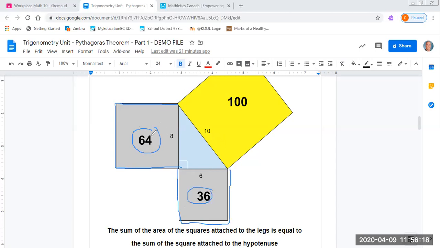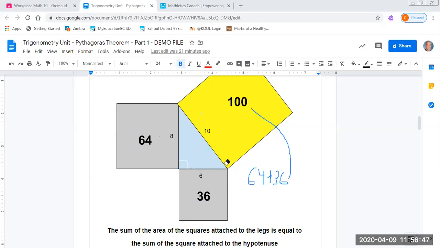Then these two numbers, 64 plus 36, is what is going to add up to the other square. This here is going to add up to this 100 here. And this 100 is the square of the longer side, the hypotenuse. And remember, the hypotenuse is always directly opposite the right angle. I'm just going to erase that off. What we're trying to say here is this.